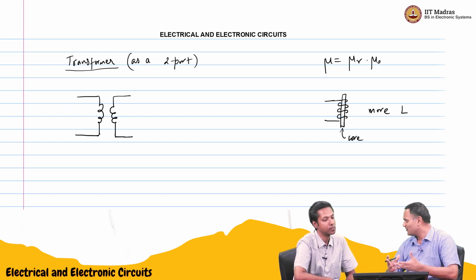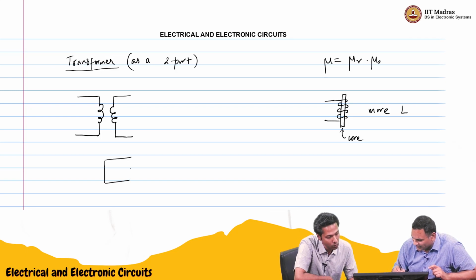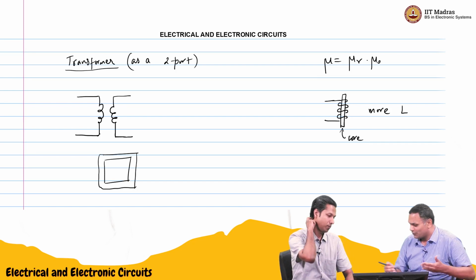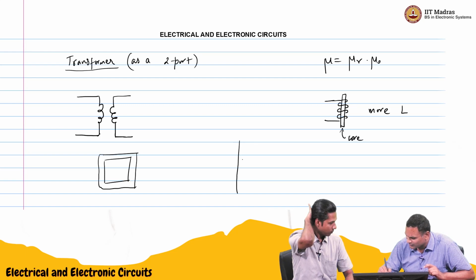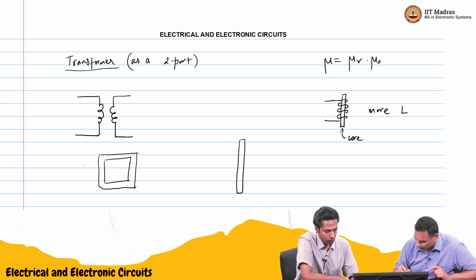There are many ways to do this efficiently. I guess one easy way is to wind them around a core like this. Otherwise, you can also wind them like this.